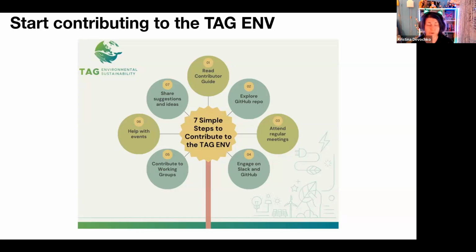And then we have our regular meetings both in the TAG and in the working groups. So this is also just a good opportunity to start to get to know our community, ask questions, and maybe share some ideas and participate in the discussions.